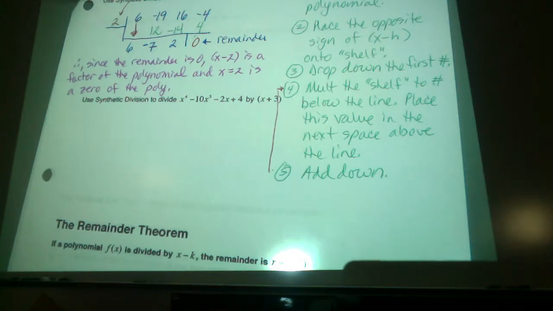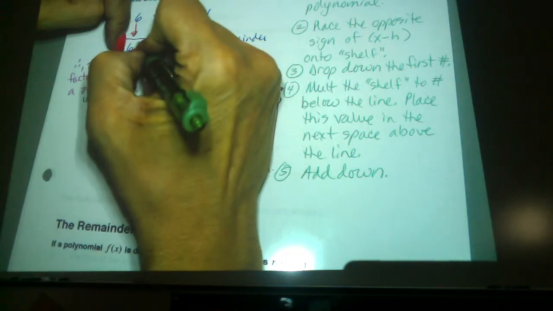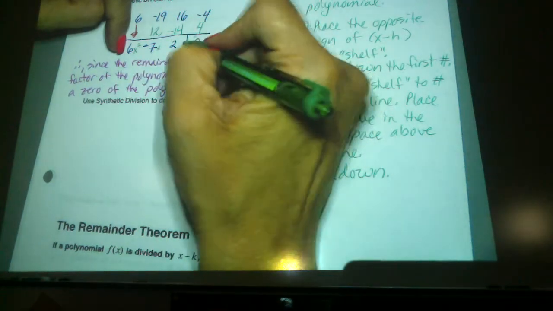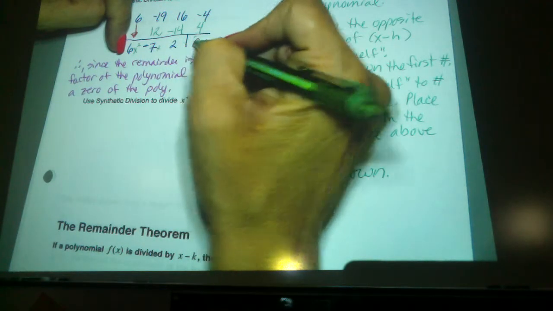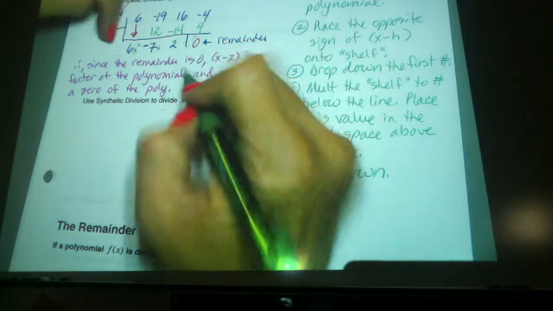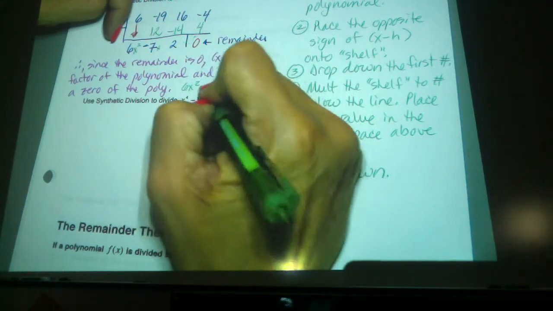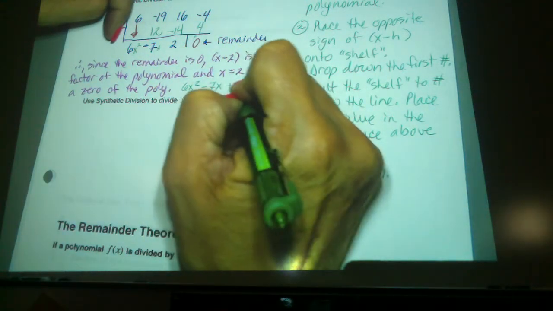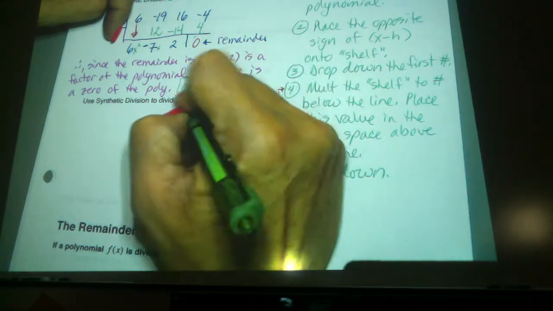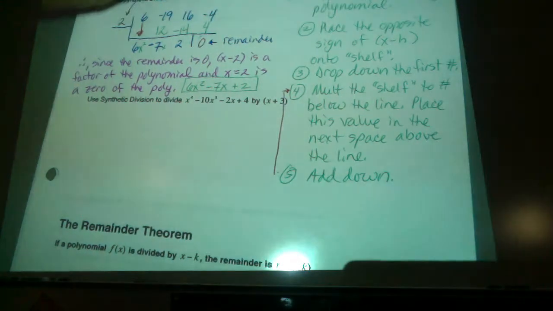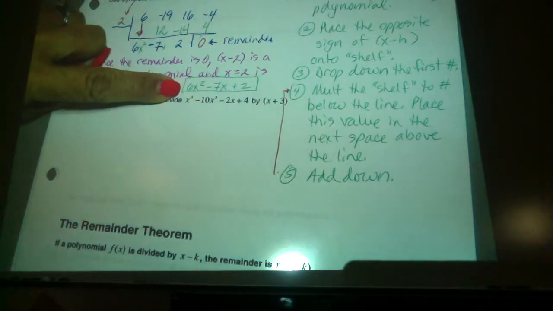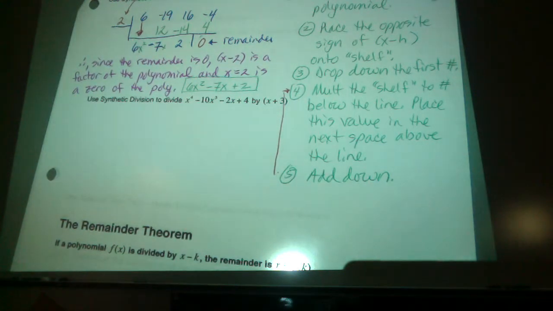I started with an x cubed, so this becomes x squared, x, and a constant. And then this would be your remainder if there was one. So my answer is 6x squared minus 7x plus 2, that 2 is positive. When I divide this polynomial by x minus 2, I should get a result of 6x squared minus 7x plus 2.